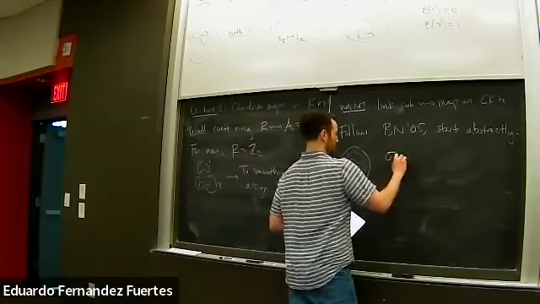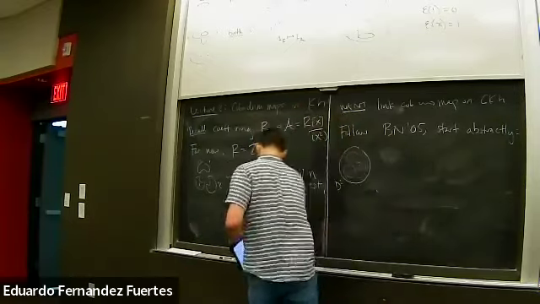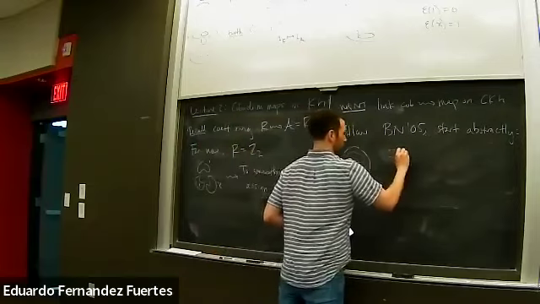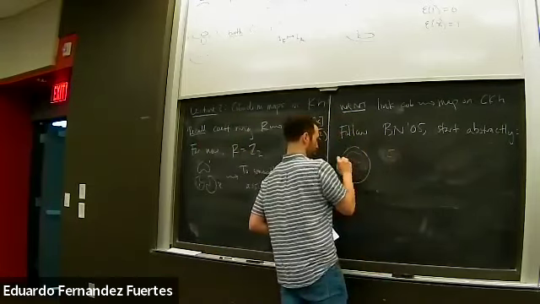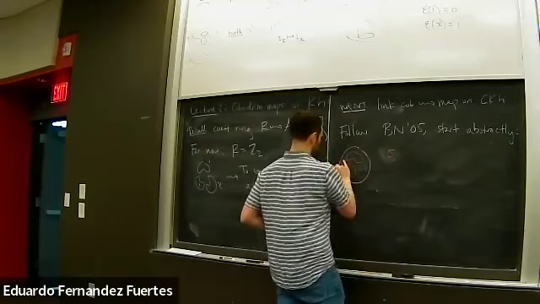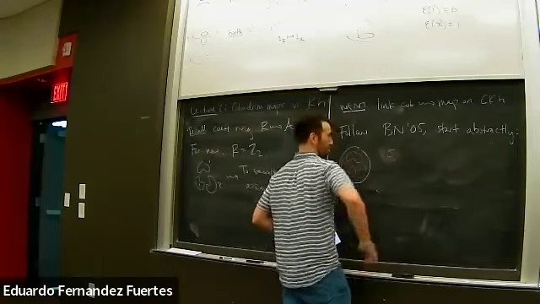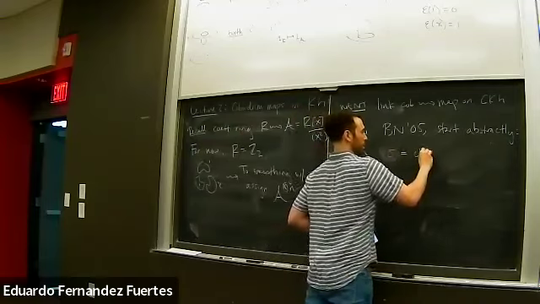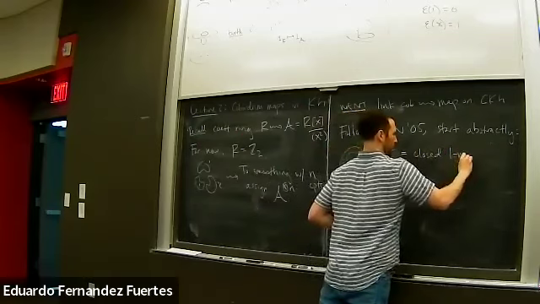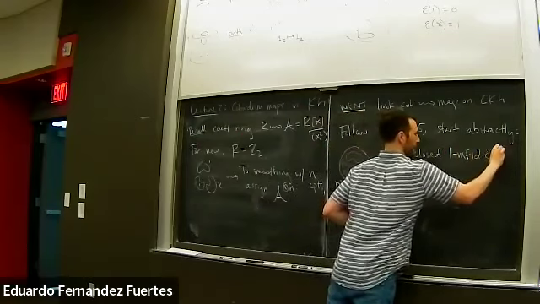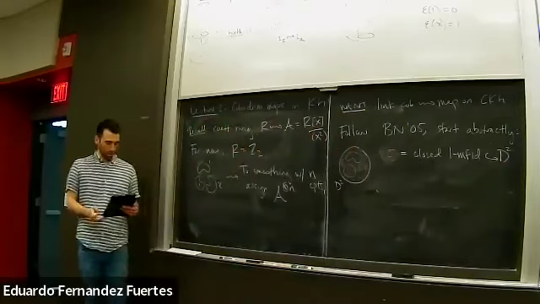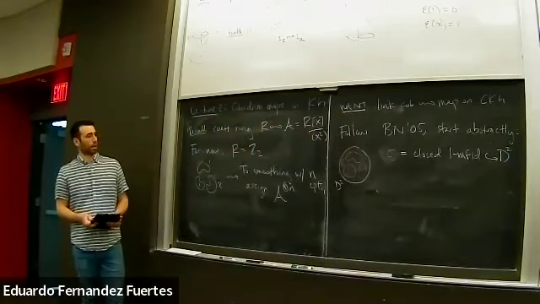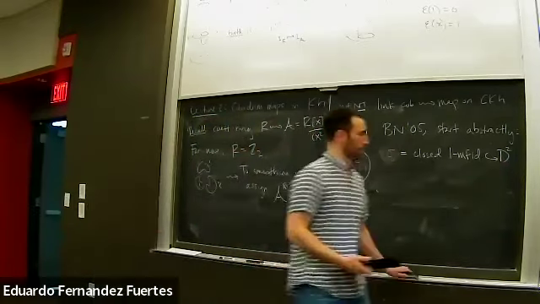And we'll let sigma be a closed one manifold embedded inside of D2. Okay, so we're thinking about this as being a stand-in for a smoothing.